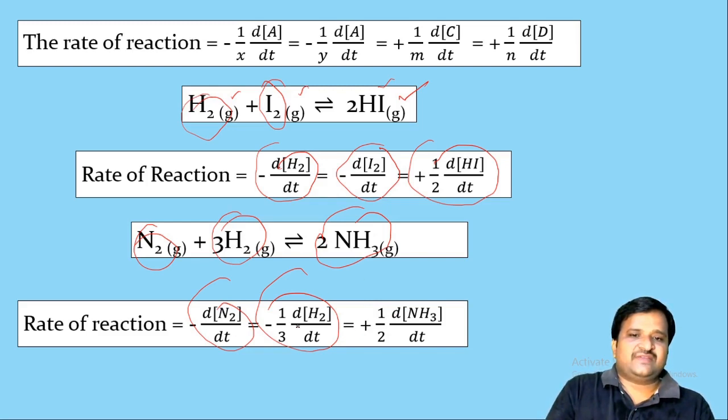The rate is always positive. The negative sign indicates that the reactant concentration decreases, and the positive sign indicates that the product concentration increases, but the rate of reaction is always positive.